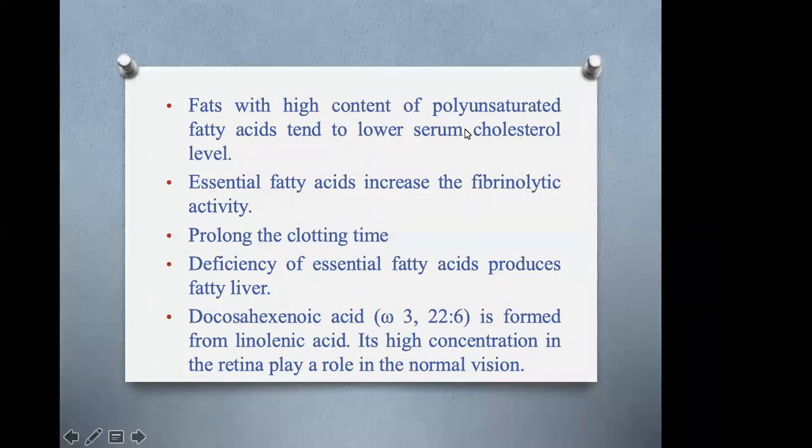Fats with a high content of polyunsaturated fatty acids tend to lower serum cholesterol. Essential fatty acids increase fibrinolysis. These are various functions and activities of fatty acids in our body. Some play a role in vision, for example, docosahexaenoic acid, which is an omega-3 fatty acid.